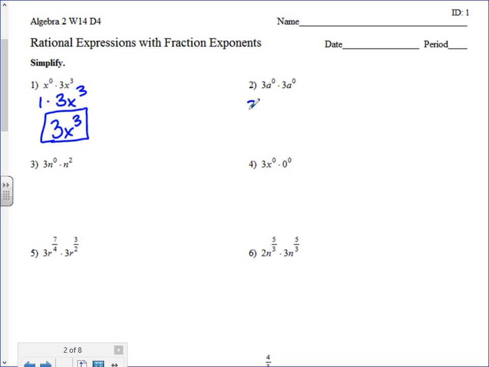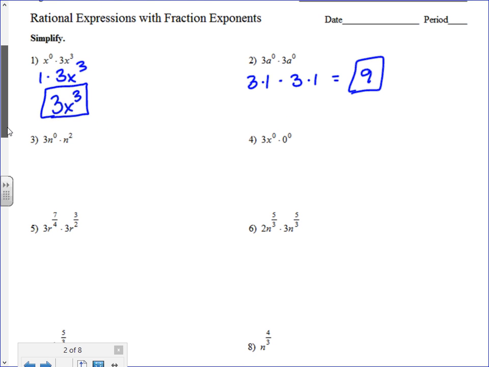So this is 3 times 1 times 3 times 1, which is 9.